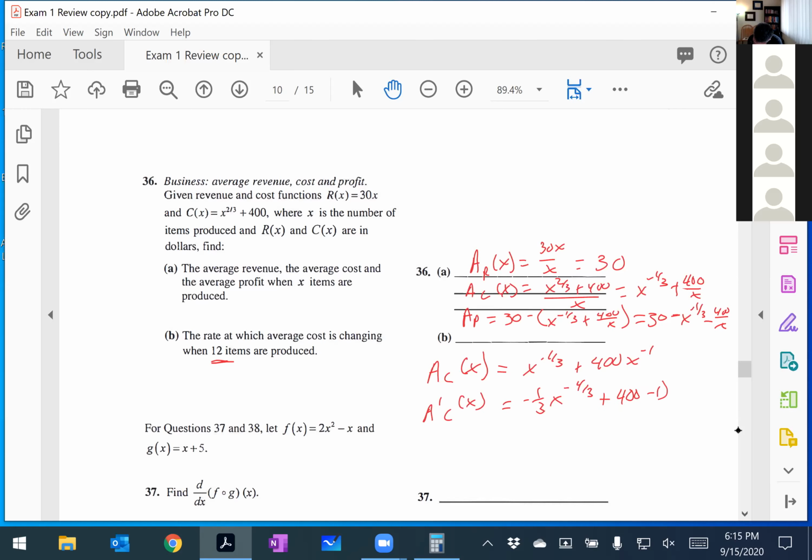I'm not going to bother simplifying that because it doesn't ask me for the derivative. It asks me for the derivative evaluated at 12. So I'm just going to plug in negative 1/3 times 12 to the negative 4/3 plus, I'm going to simplify that a tiny bit, negative 400 times 12 to the negative 2.